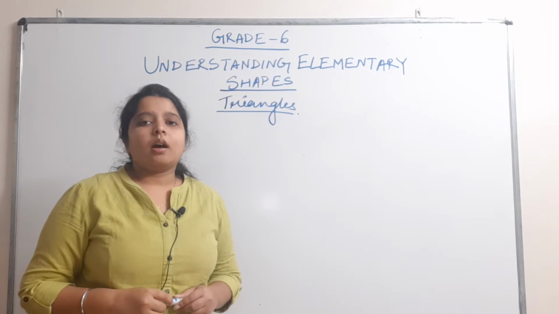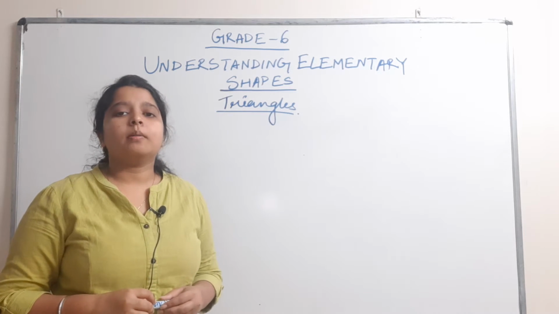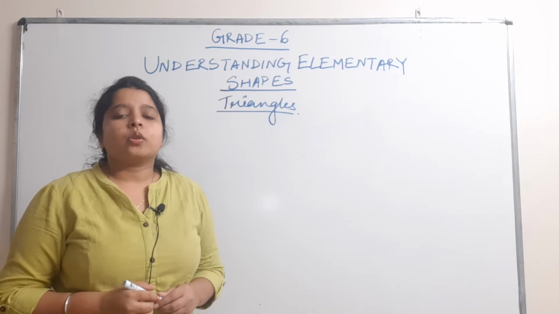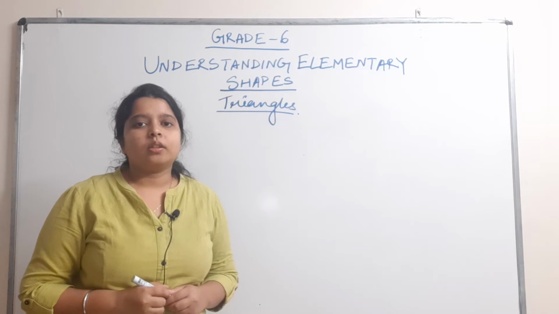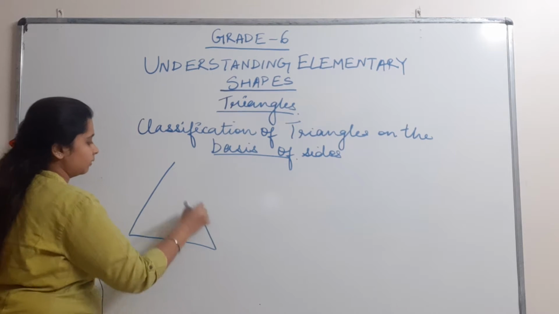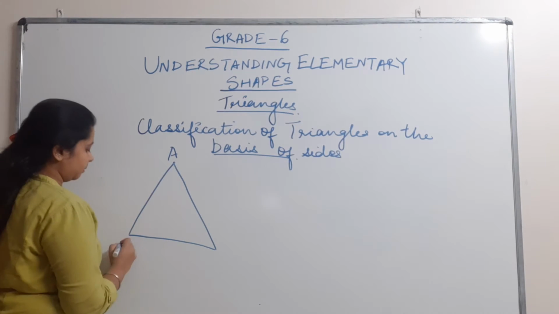So triangles are classified on two bases. The first basis is on the sides and the second basis is on the angles. So classification of triangles on the basis of sides. This is a triangle, triangle ABC.